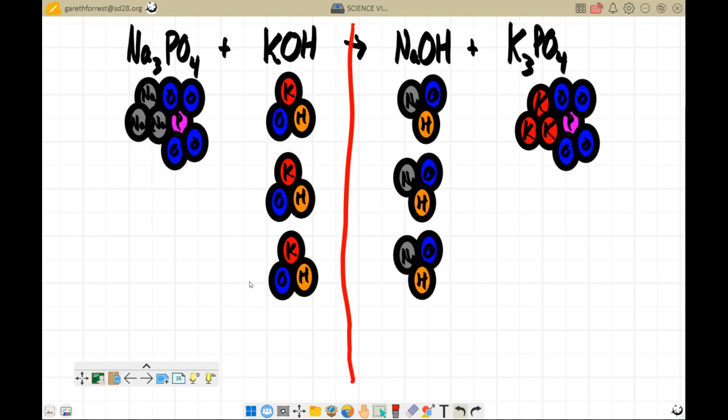We've got 7 oxygens, 1 phosphorus, and then 3 potassiums, and 3 hydrogens. So the final answer for this would be 1 Na3PO4 plus 3 KOH creates 3 NaOH plus 1 K3PO4.